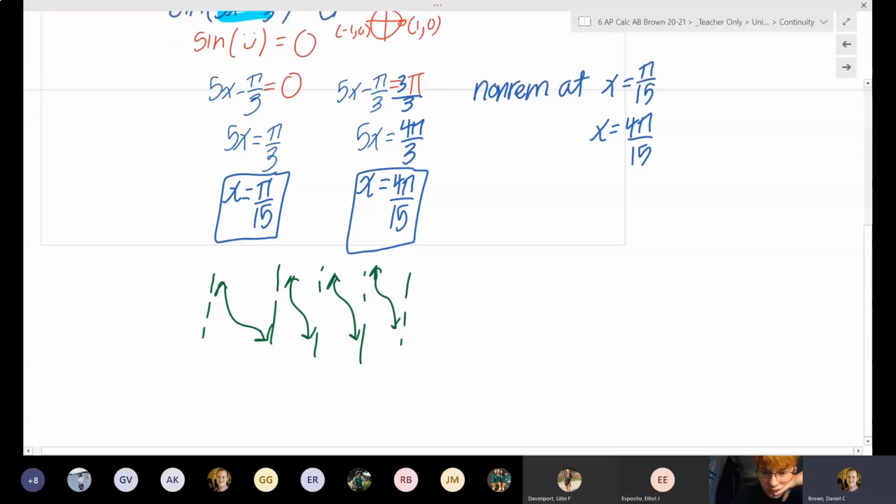Does anyone remember, thinking all the way back to unit 2 of pre-calculus, how we can figure out how often those asymptotes are going to be repeated? Well, if you don't remember, it is the period of the graph.